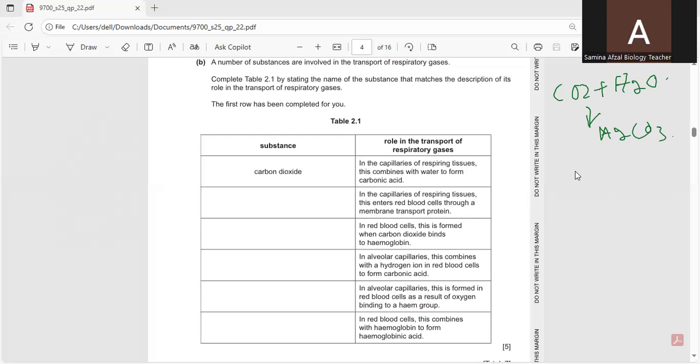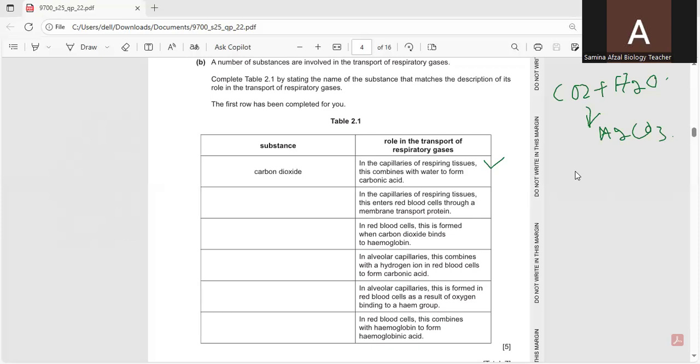The second is the role they have given. I will read this: in the capillaries of respiring tissues, this enters red blood cells through a membrane transport protein. Here in this scenario, the substance that enters the red blood cells through a membrane transport protein is the chloride ions.